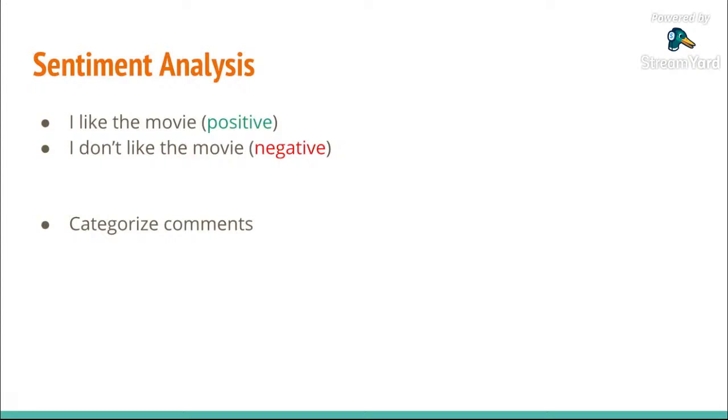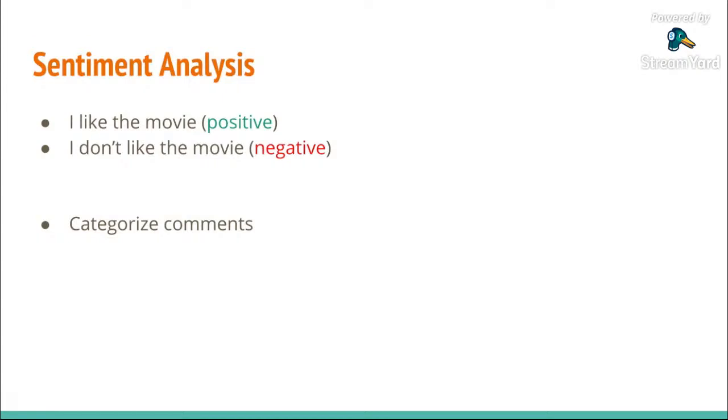One of the most common and most useful applications at sentence level is sentiment analysis. For example, we take a sentence like I like the movie. Here it's a positive sentiment. Whereas if you say I don't like the movie, here it's a negative sentiment. In sentiment analysis, we take the sentence and try to identify whether it is a positive statement, a negative statement, or a neutral statement.